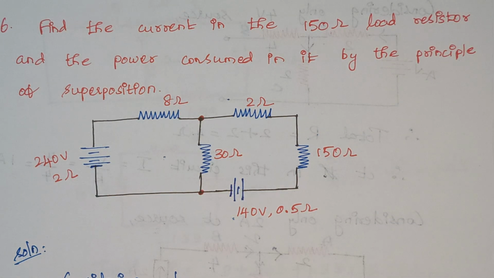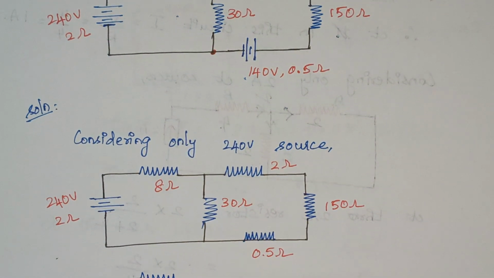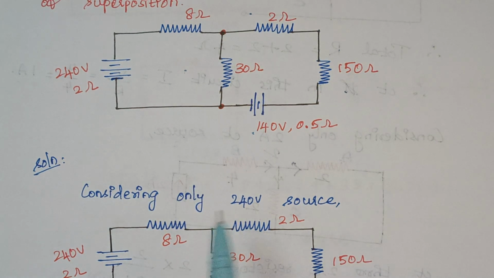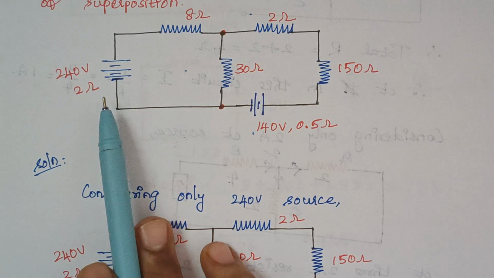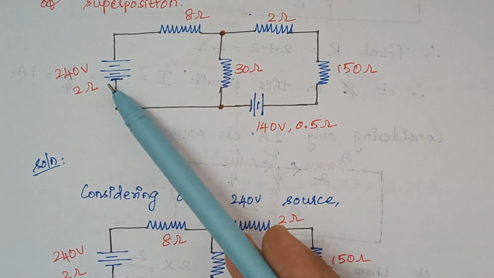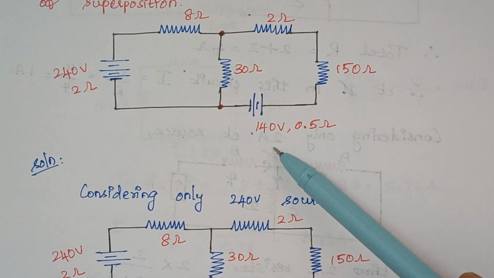So here the first thing is we are considering our 240 volt source. Whenever we are considering a source, you see the sources are given with internal resistance, right? So these internal resistances should also be taken into account. So first we are considering our 240 volt source. Here we have to remove this 140 volt source.